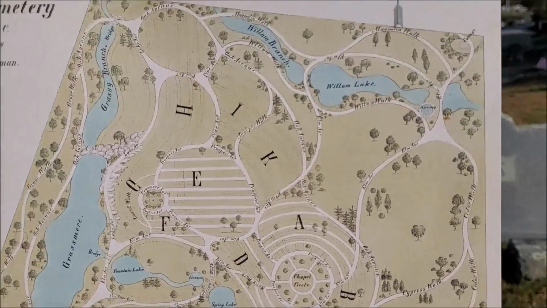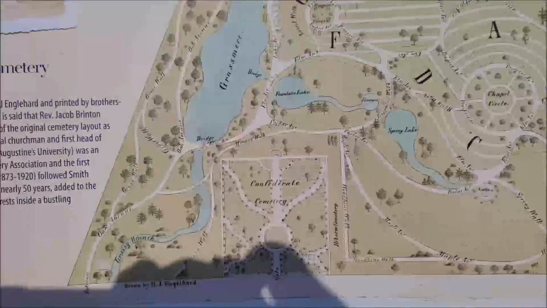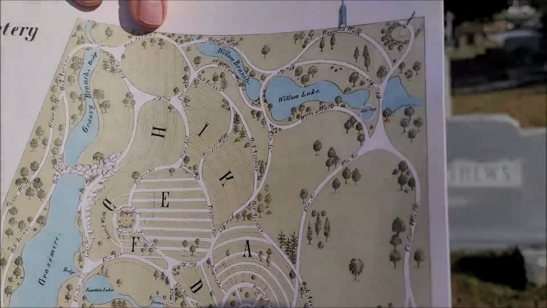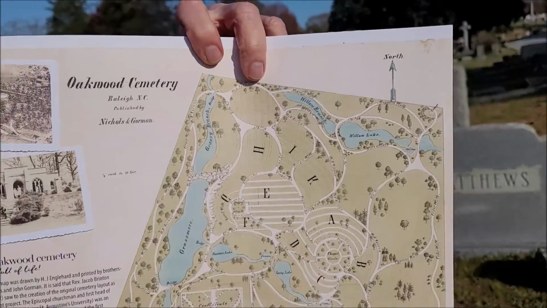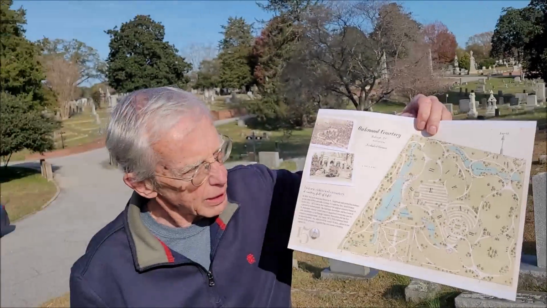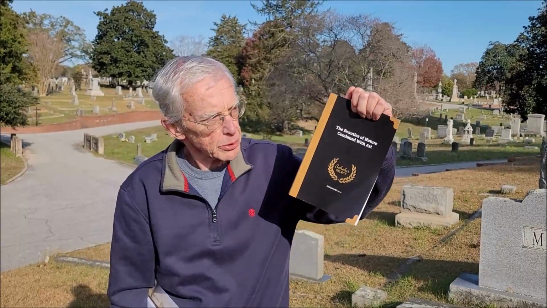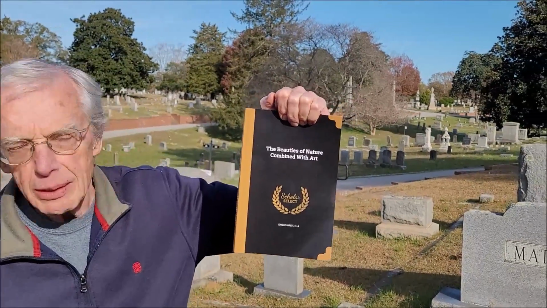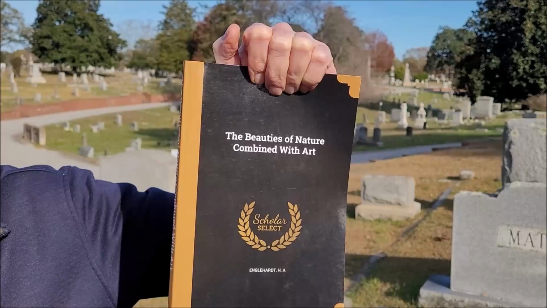You see how it is a big garden, and that was the point. A natural area for burials, not row on row. And what we thought we'd do would be to go through the cemetery and show how it reflects the principles that he talked about in his book.